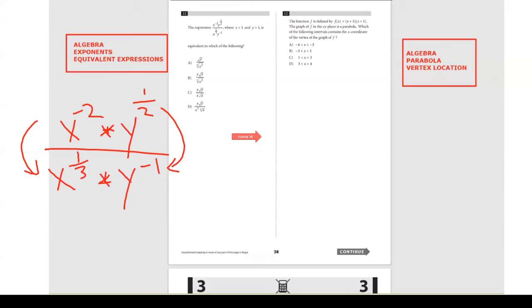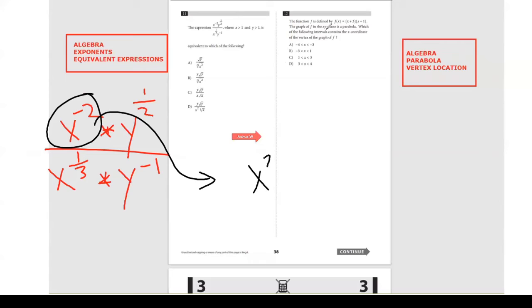So you said take the -2, move it down to the denominator, and make it x to the +2. So now you have x squared times x to the 1/3. Now up here, there's y to the half and y to the -1. What did you do next?